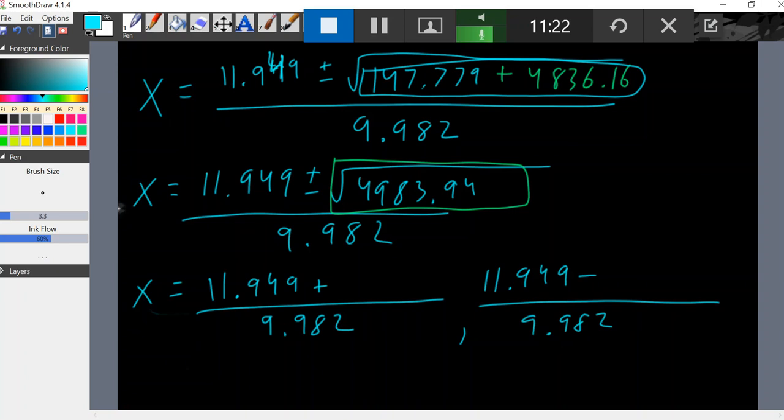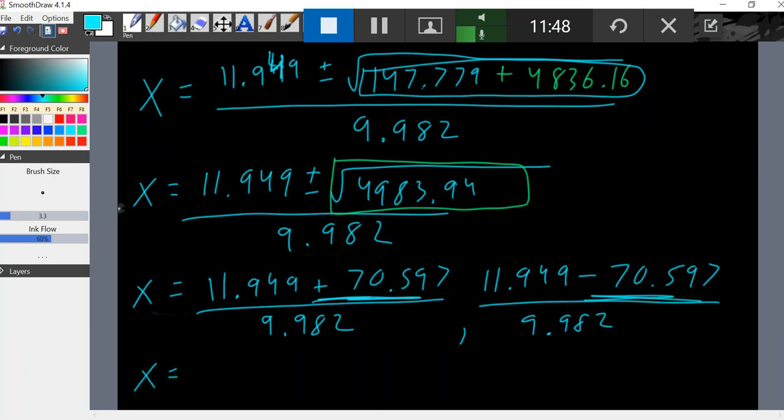Okay, so let's go ahead and take the square root of this, and so I see that the square root of 4,983.94 is going to be 70.597. So remember, in one case we are adding this value, and in the other case we are subtracting.